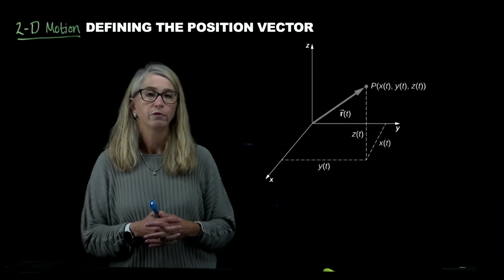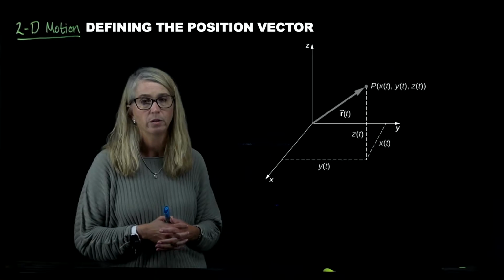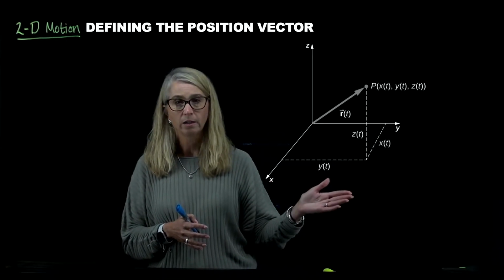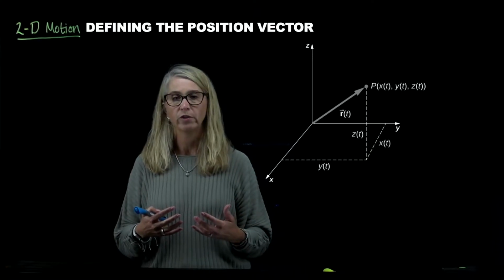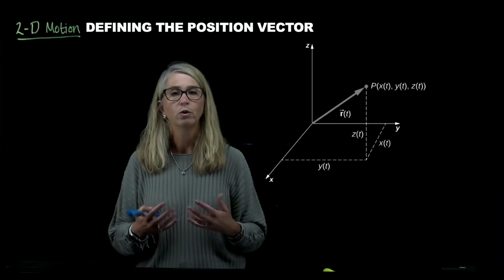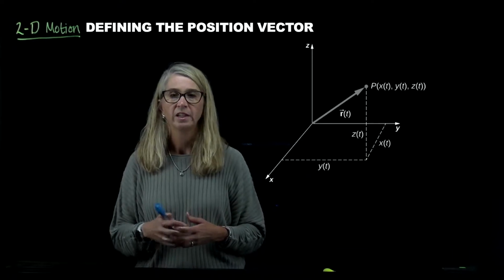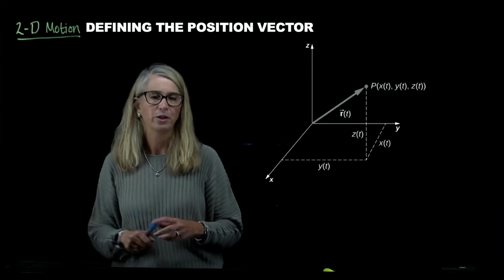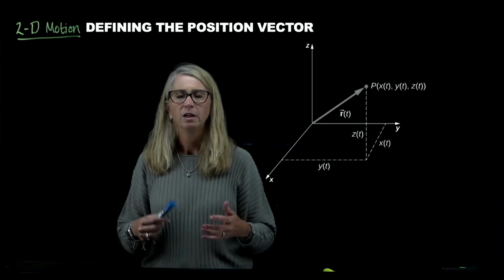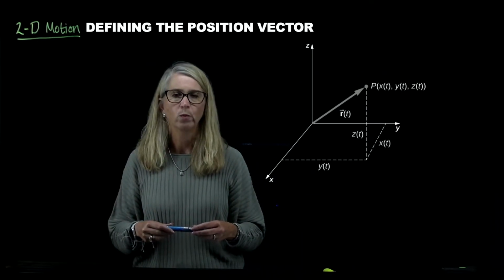So the first thing that I want to show is the picture that we see here, and it's defining how we look at the position vector when we have two or three-dimensional motion. Now, I know this picture is three-dimensional and I wrote two-dimensional here because most of the time we only deal with two dimensions at once.